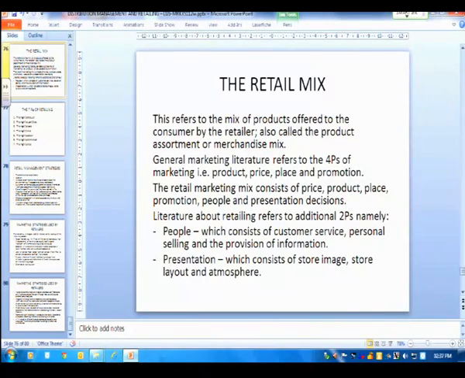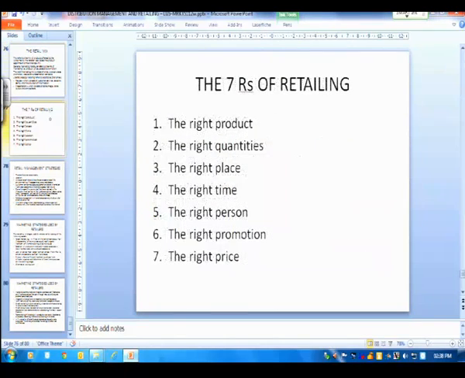The retail marketing mix consists of price, product, place, promotion, people, and presentation decisions. Literature about retailing refers to additional 2 P's, namely people, which consists of customer service, personal selling, and the provision of information. And then presentation, which consists of store image, store layout, and the atmosphere.